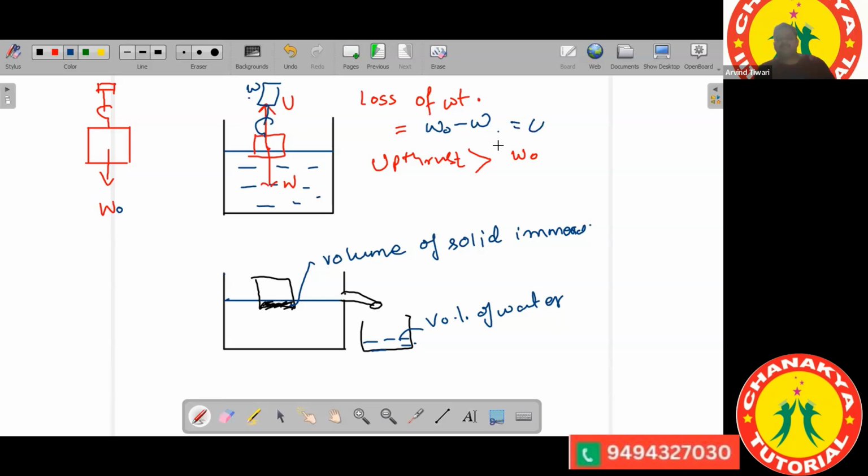Then when this block is immersed, we also observe that some volume of it is immersed inside the liquid. Here, since this was a wooden block, we observe that some part of the wood is immersed inside the liquid. If it was a metal block, we would observe that the complete metal block is immersed inside the liquid, and hence some amount of water will be displaced.